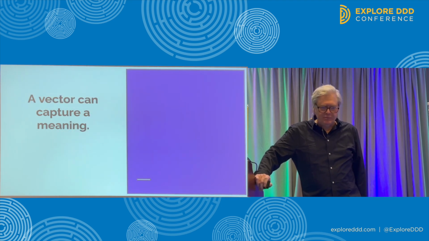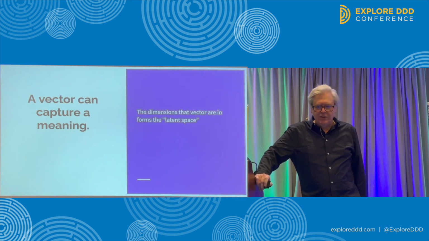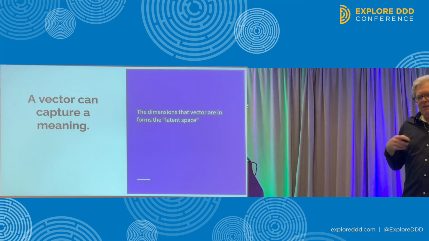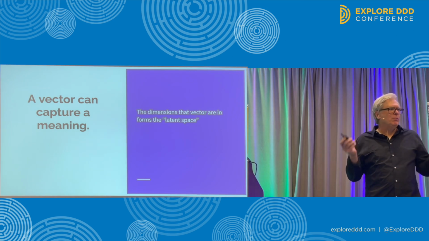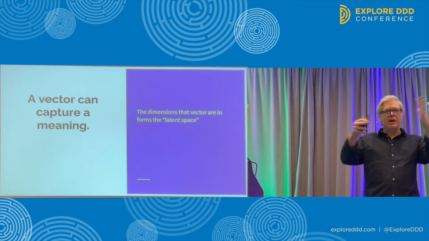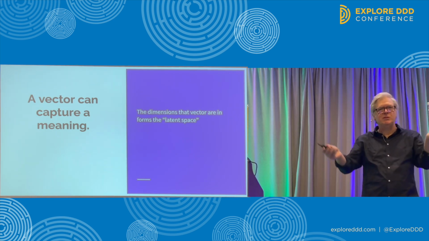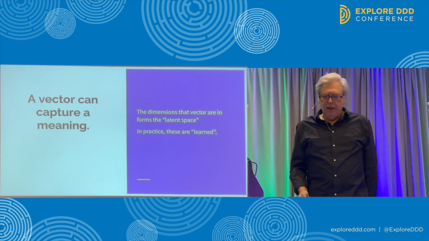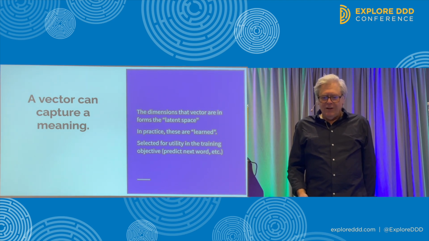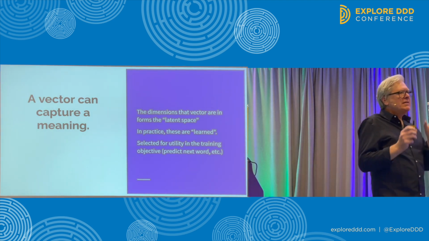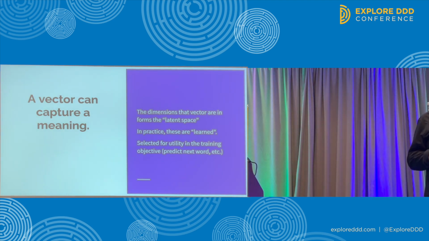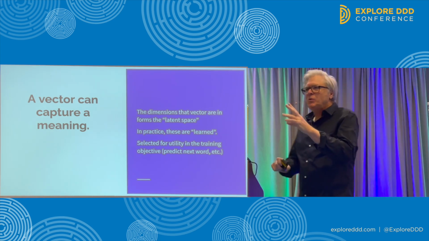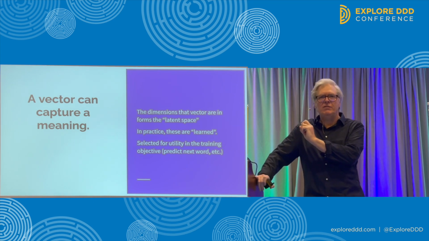So you've got a vector that captures some meaning. The dimensions of that vector are what we mean by the latent space, the vector space in which that vector lives. As I said, these are learned. What does it mean to be learned? It means that some kind of optimization algorithm has chosen these so that they optimize whatever the learning objective is.